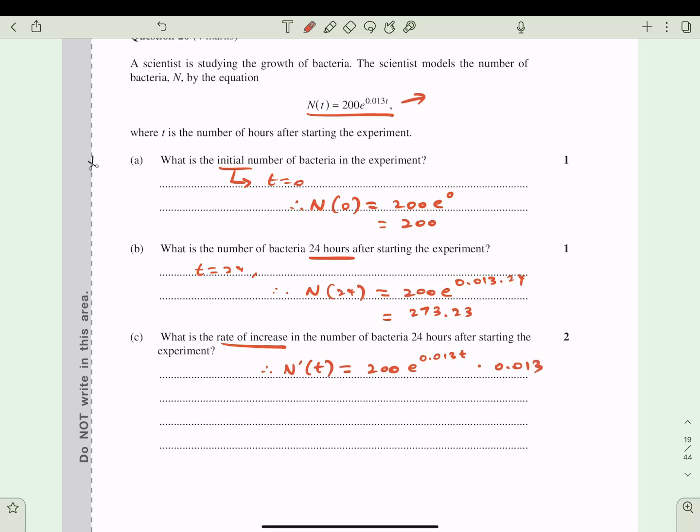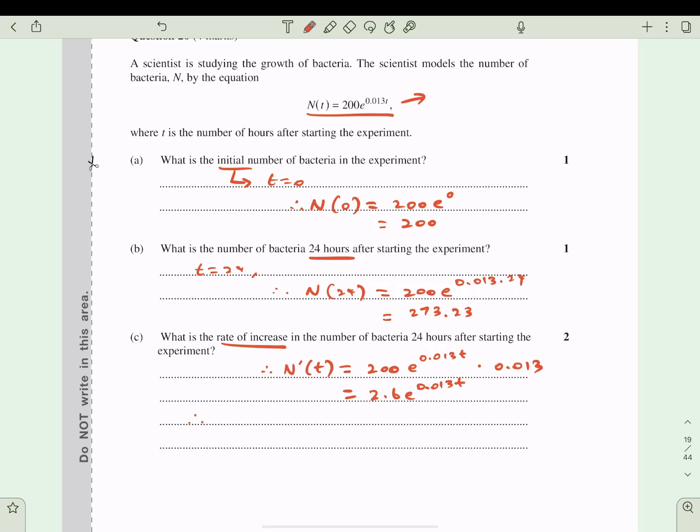Okay, so remember, differentiating exponentials, if it's a natural exponential that you're differentiating, it should equal itself multiplied by the derivative of the exponent. So in this case here, the derivative of the exponent is 0.013, which is why we multiply by that. Now, therefore, that's going to equal exactly 2.6 e to the power of 0.013t.